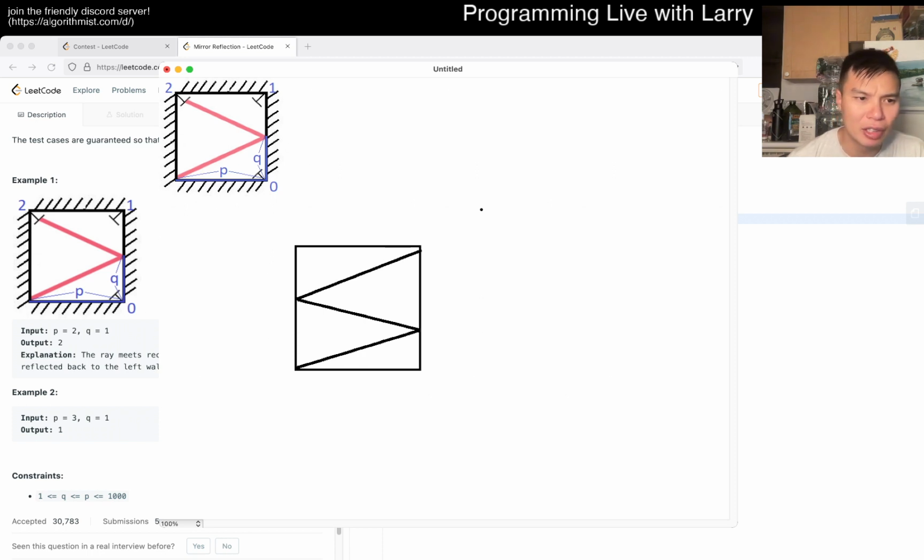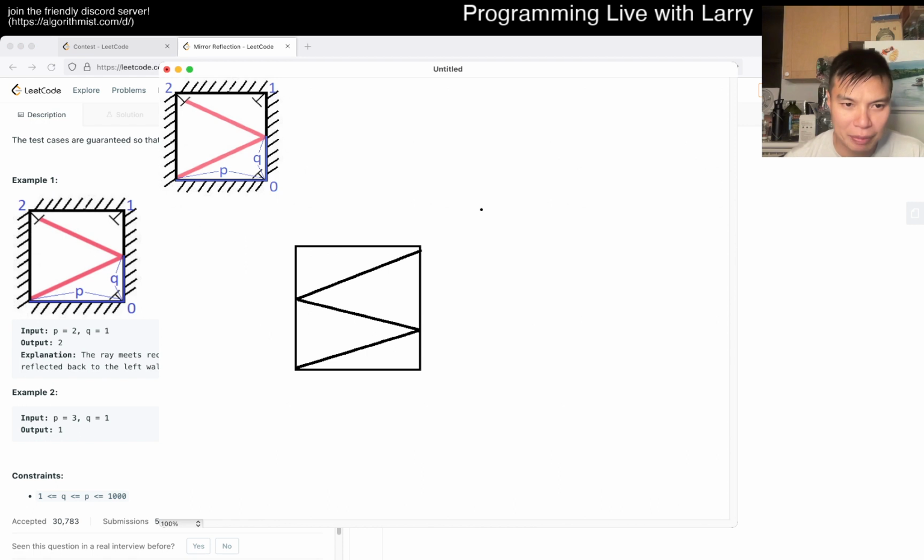Can we even hit 0? I think I have a line of code where I swap P and Q, but maybe that's not true. That's how you hit 0, if Q is bigger than P, right? So here we have some symmetry thing.